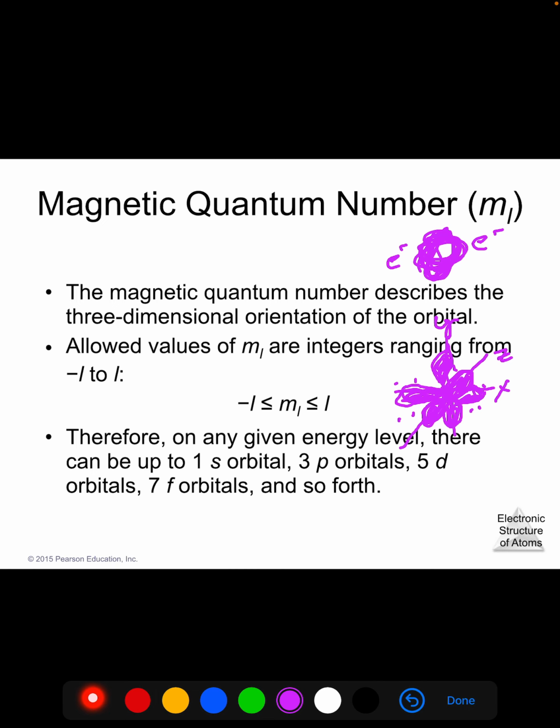So this is a little confusing. You can work this out, okay? This magnetic quantum number describes the three-dimensional orientation that I was just talking about, X, Y, and Z. And the allowed values range from minus L, that's not a 1, that's an L, to L. Okay?